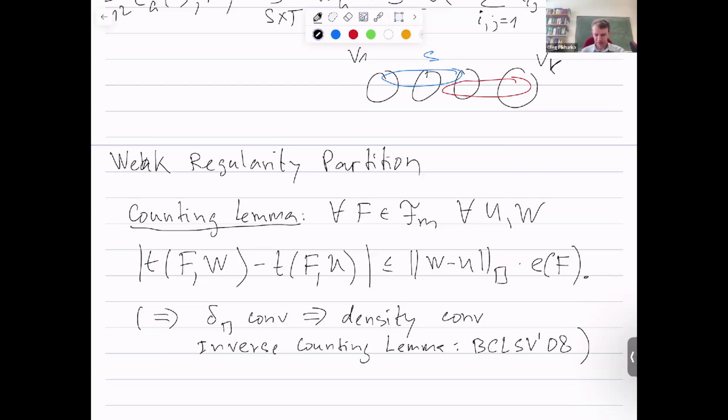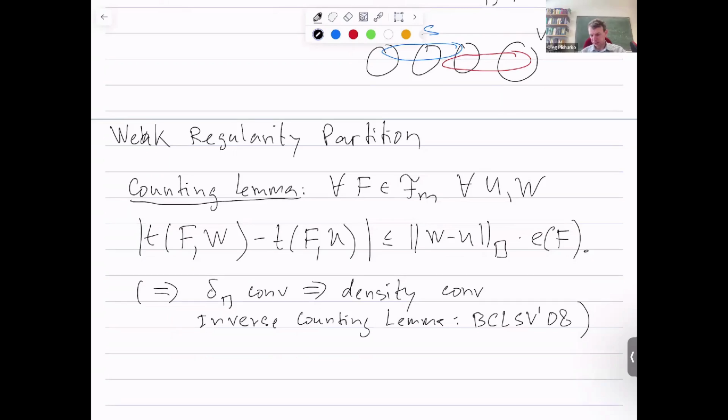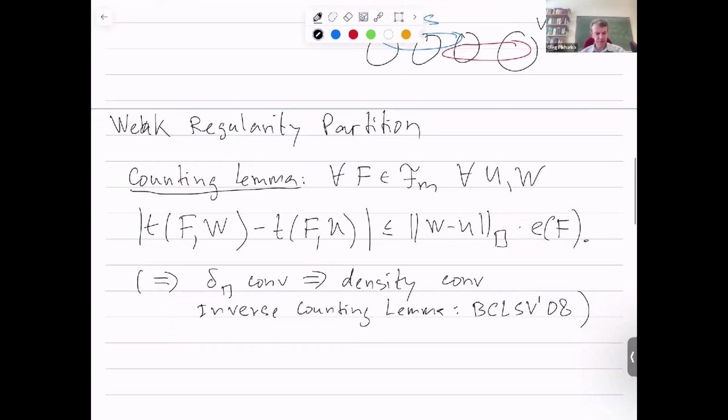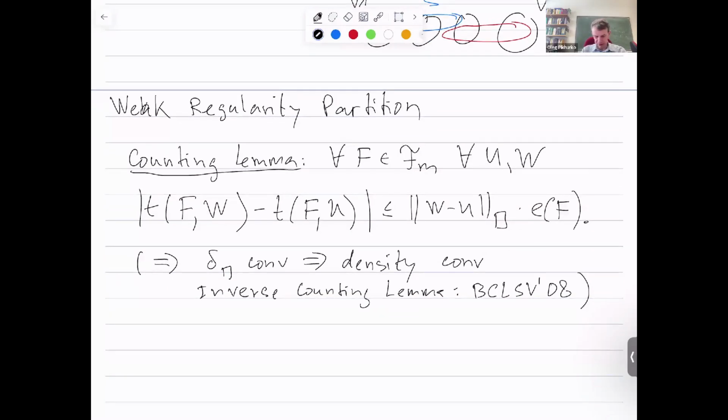And just a final word before I move to local limits: why are these counting lemmas and partitions useful? Well, because there's a nice result by Szemerédi and Frieze and Kannan. So I'll state the weak regularity lemma.